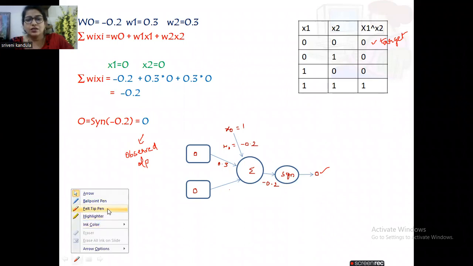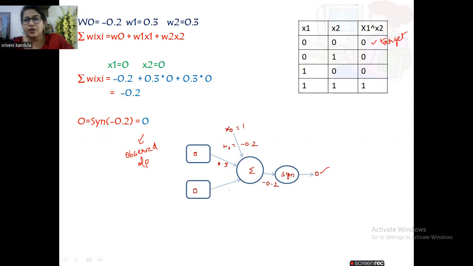So let us train our perceptron unit. Again, we are checking with the first set of inputs, that is x1 equals to 0 and x2 equals to 0. If you compute sigma Wixi, it is minus 0.2 and the output we obtained is 0. Observed output is 0, target is 0. So with the new weights also, our perceptron is working fine with the inputs 0 and 0.